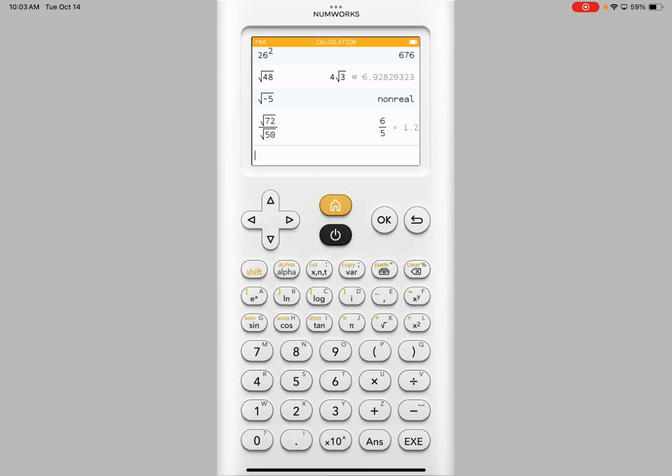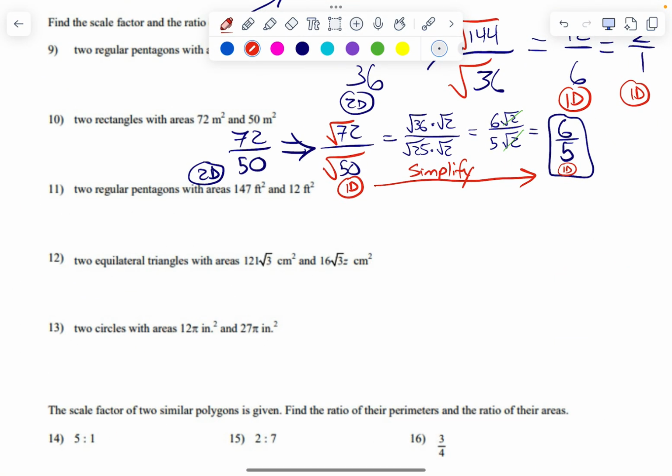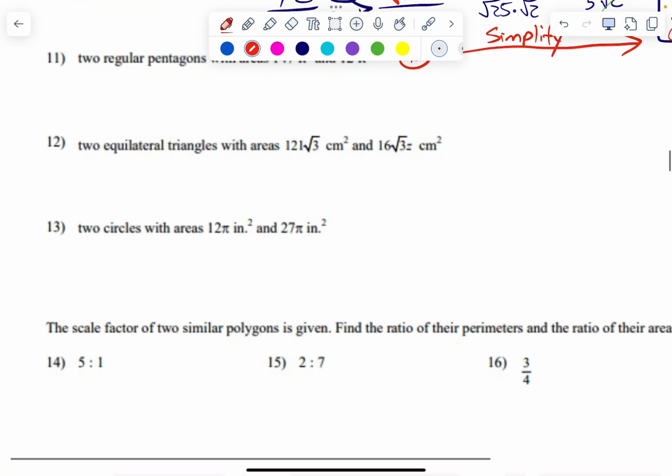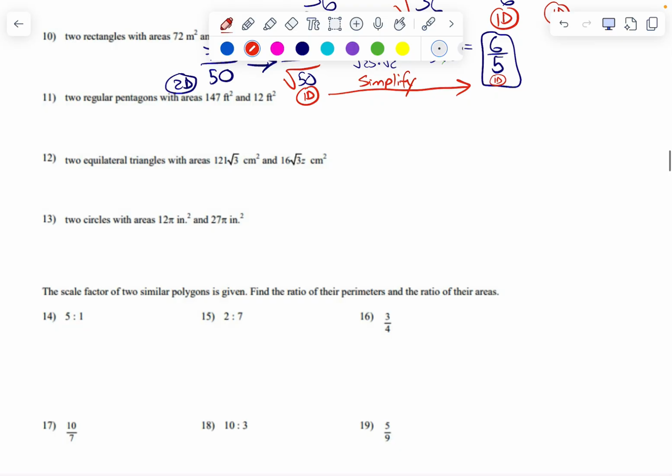Yes, no? Did it do it? Okay. Oh, it like simplifies it like that.